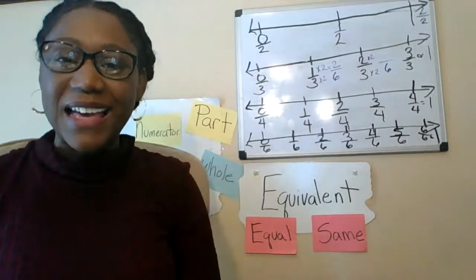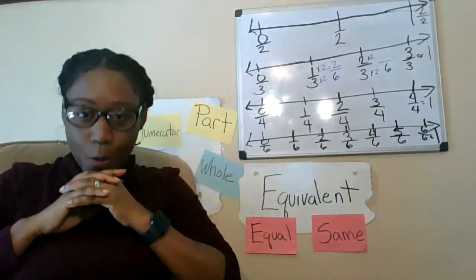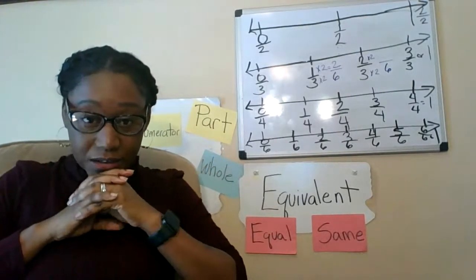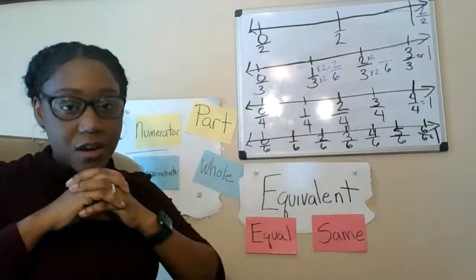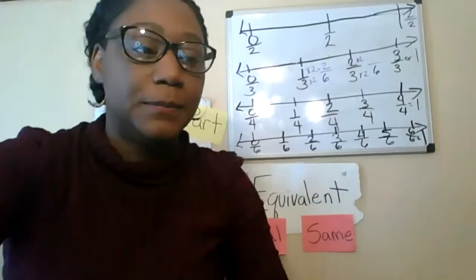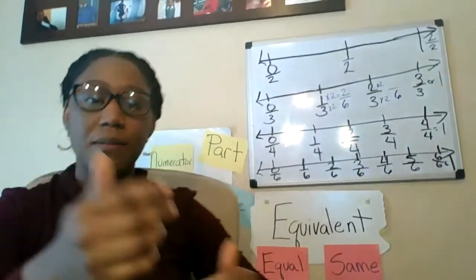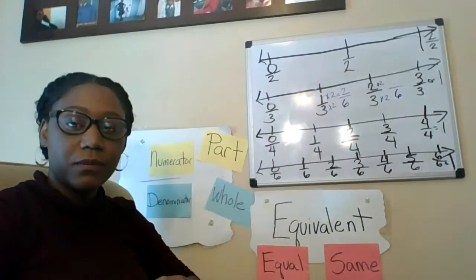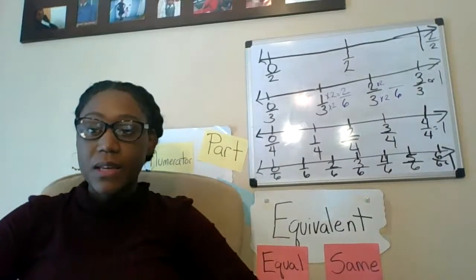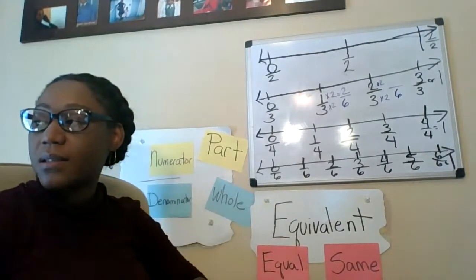Oh, yay! Now, boys and girls, I want you to name some equivalent fractions using the board that we have here. What equivalent fractions have you learned today? Yes, I see everybody with 5 sixths.